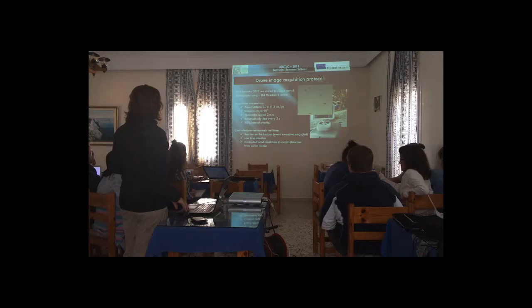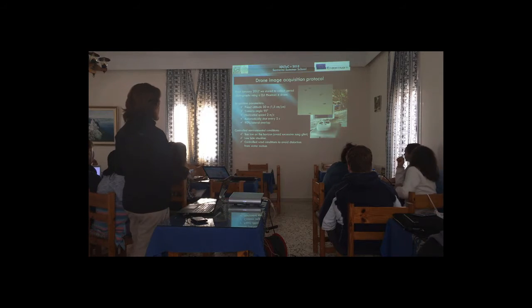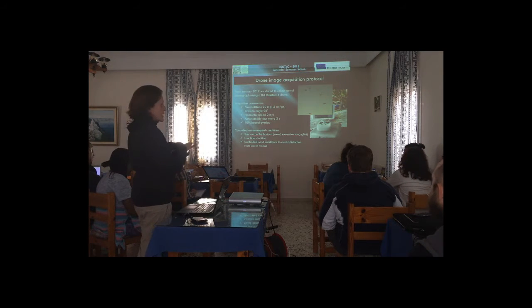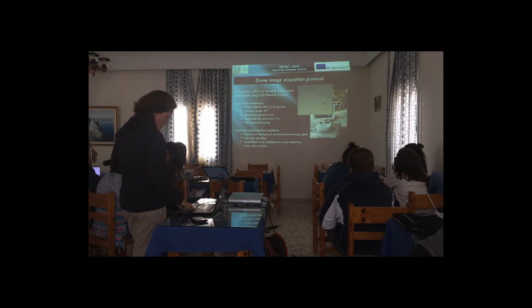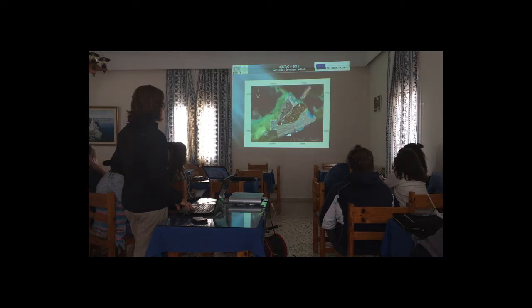The controlled environmental conditions are the sun low on the horizon, low tide, because we also have to measure different temporal acquisitions, and controlled wind conditions to avoid distortion from water motion. As I said before, even in this case you can have water motion that can compromise the quality of the data.